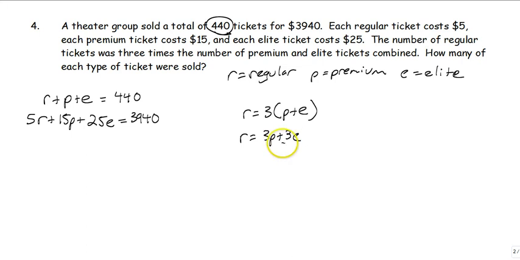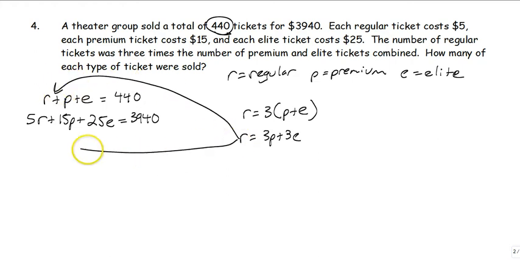Okay? So I can come up with another equation now that involves my first equation and sub in for my R, actually, is what I can do. I know R is equal to 3P plus 3E, and I could plug that into both equations. So I know what R is equal to already.